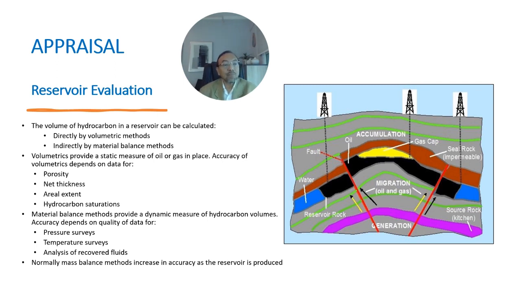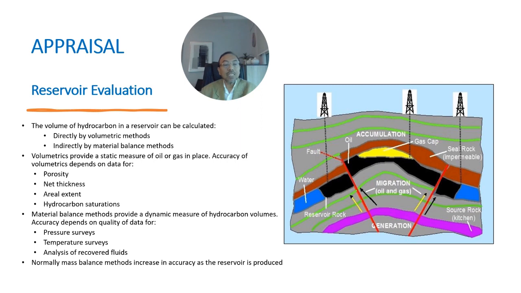Reservoir evaluation. The volume of hydrocarbon in reservoir can be calculated directly by volumetric methods, indirectly by material balance methods. Volumetric provides a static measure of oil or gas in place. Accuracy of volumetrics depends on data for porosity, net thickness, areal extent, hydrocarbon saturations.